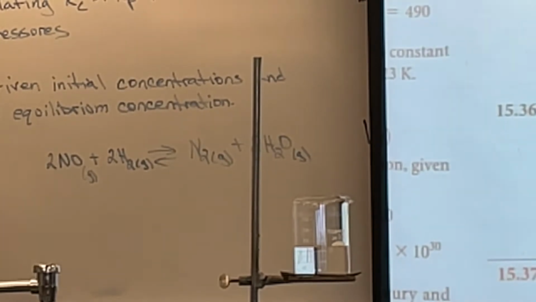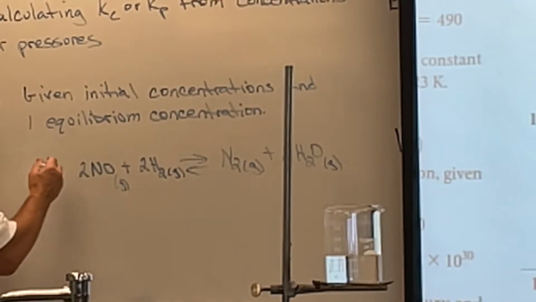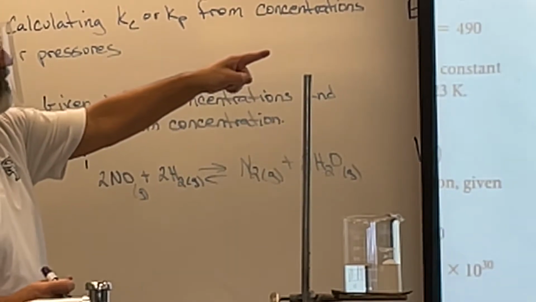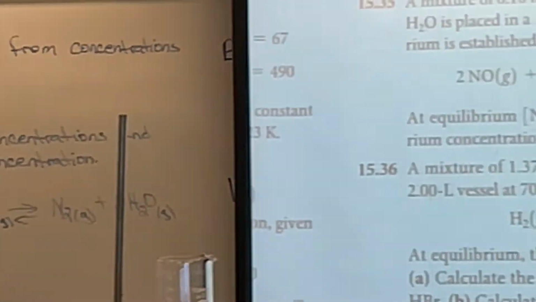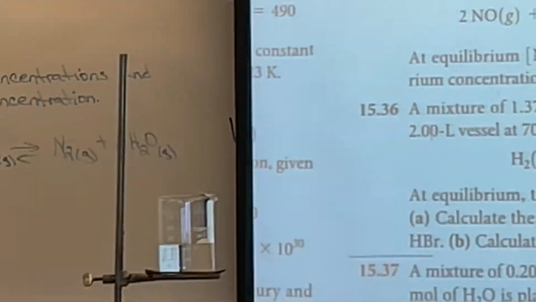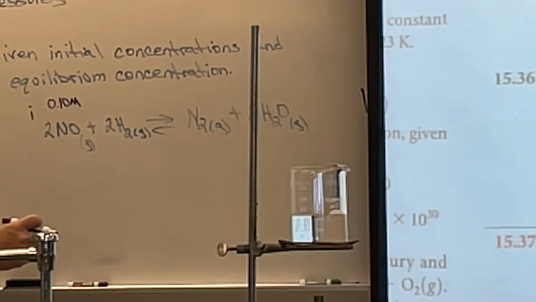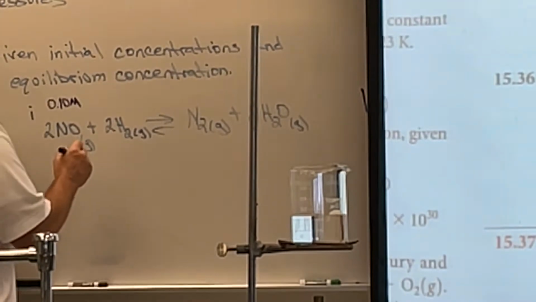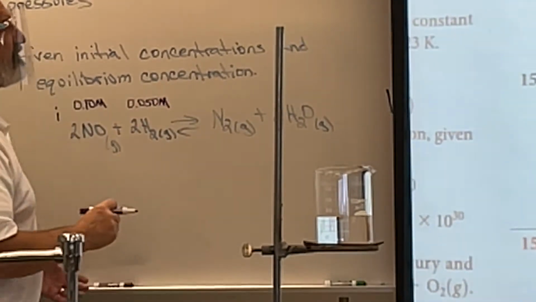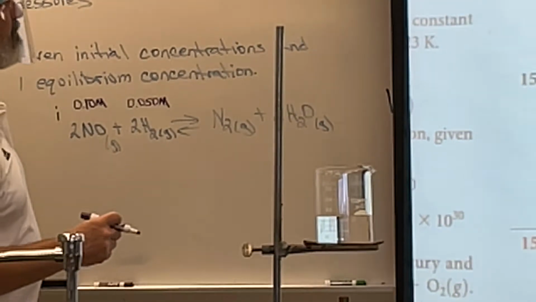I have initial concentrations. My initial concentration is given as 0.1 mole of NO, 0.05 moles of H2, and it's all in 1 liter, so the molarity, and 0.1 mole of H2O.